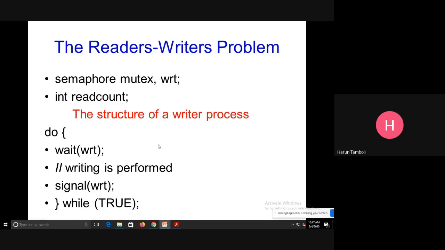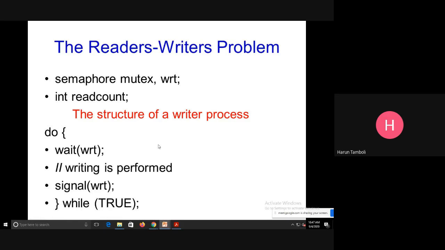Similarly, in the writer's case, if writing is to be performed, then only one writer is allowed in the critical section at a time. I am calling it the critical section, which is nothing but your shared data. So sharing is possible if there is reading, but it is not possible in case of writing.